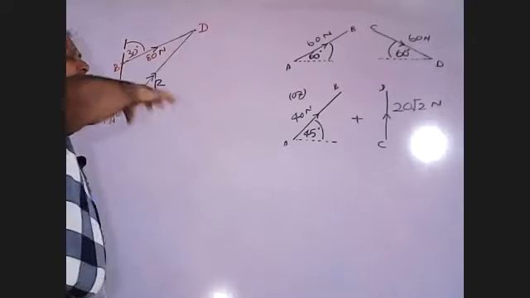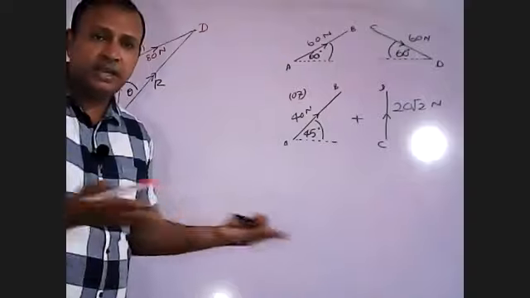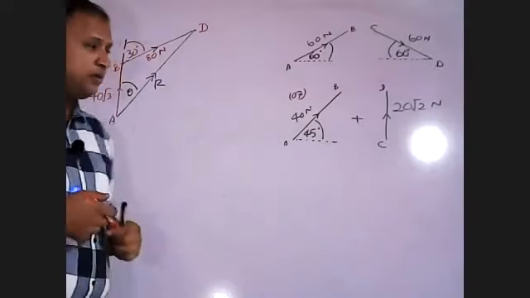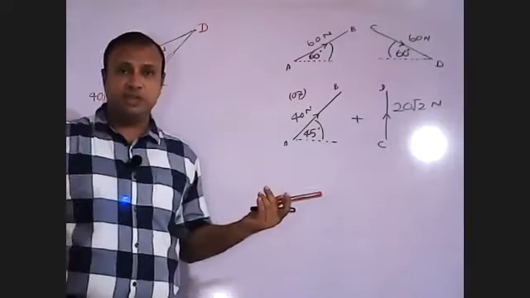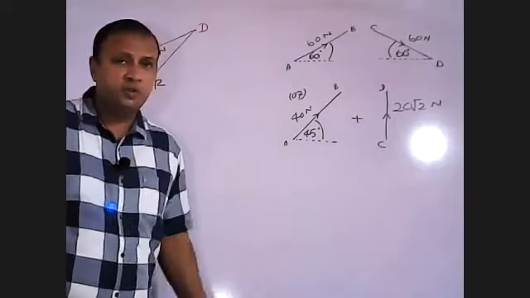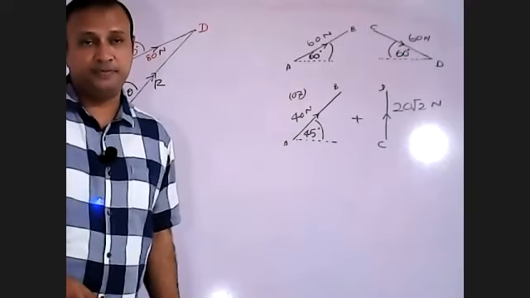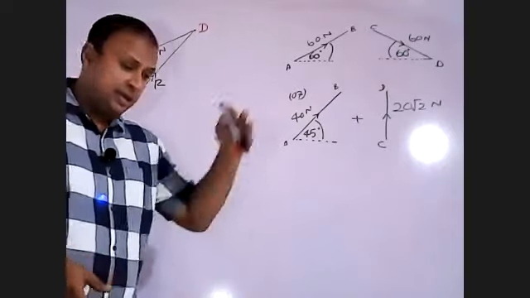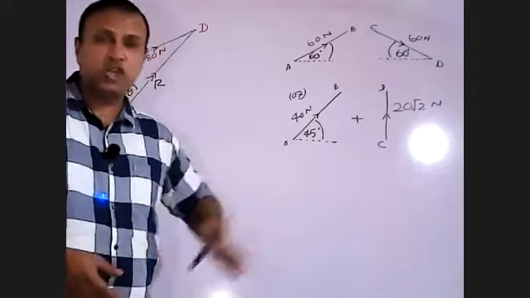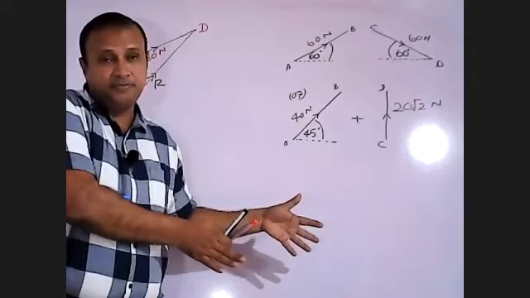You cannot find the length of AD without using any geometrical or trigonometric relationship. You have to build a trigonometric or geometrical relationship. In our previous question, I used the Pythagoras theorem.